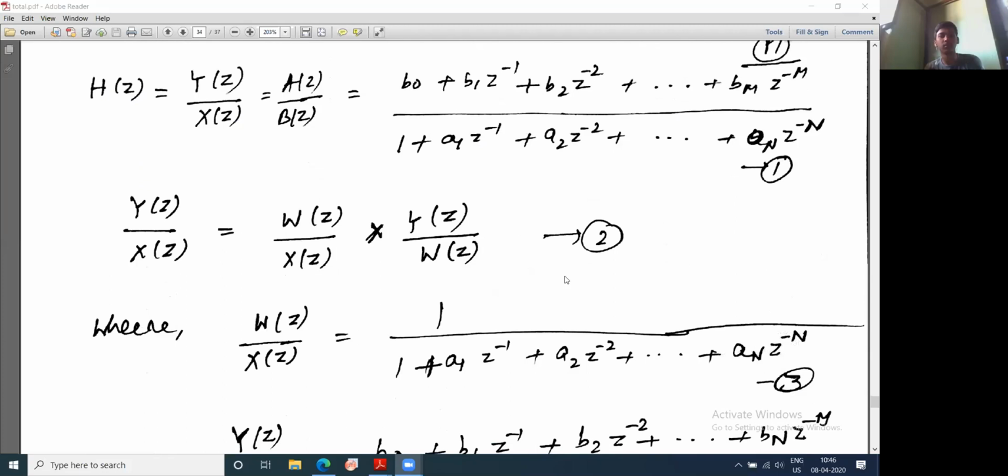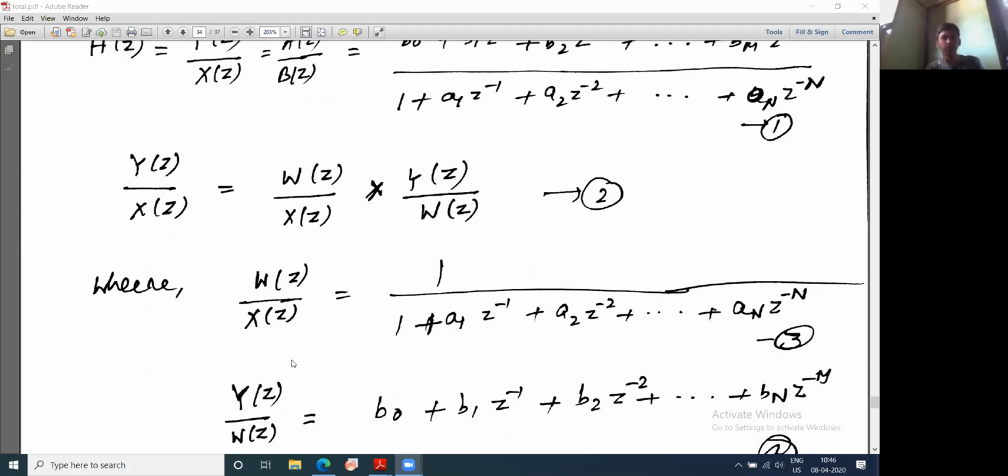Now what are we doing? I am writing Y(z) by X(z) equal to W(z) by X(z) times Y(z) by W(z). The W(z) gets cancelled, so this is the same thing. This quantity, W(z) by X(z), is the denominator, and Y(z) by W(z) I am writing as the numerator.